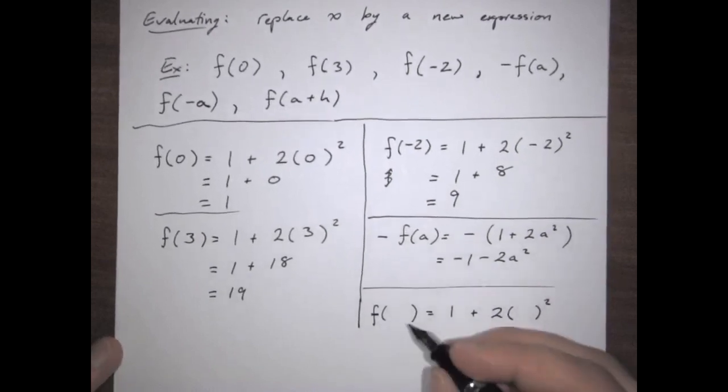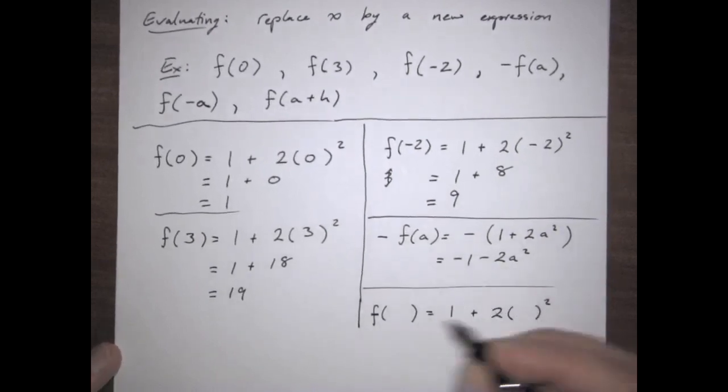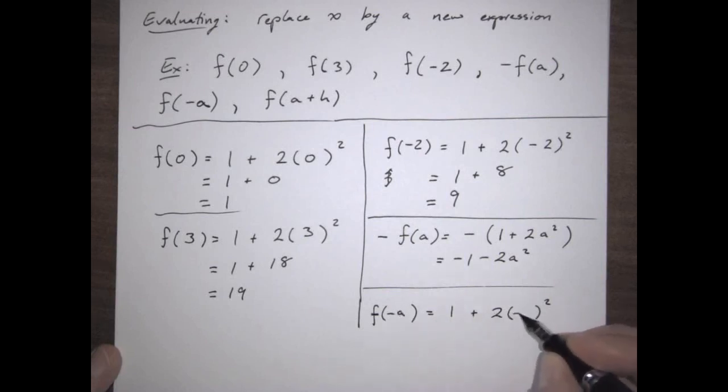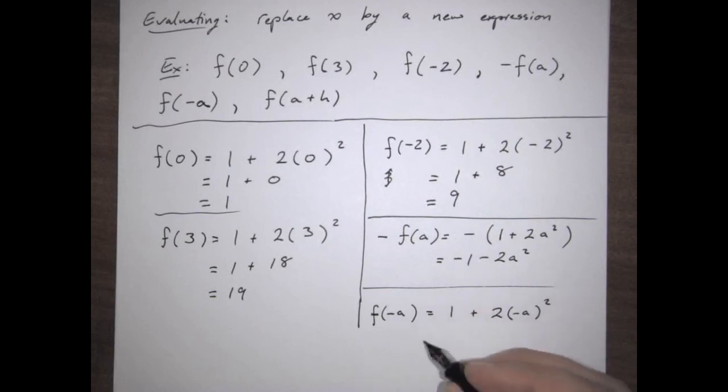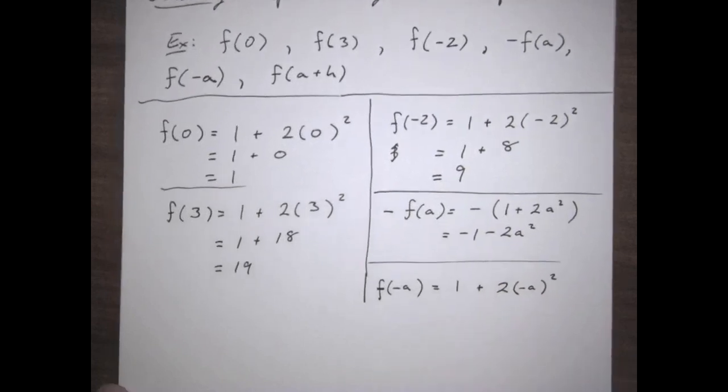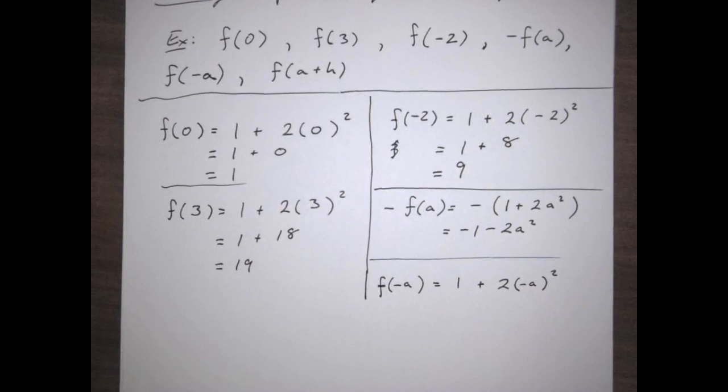Whether that be a number or something else, this is where it goes. In particular here, what goes in there is a negative a. Now this, not being a number, but being instead an algebraic expression, just means we're producing a new formula that's inspired by the old one, but slightly different.